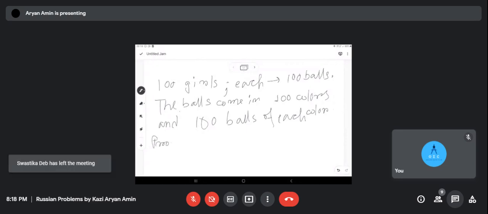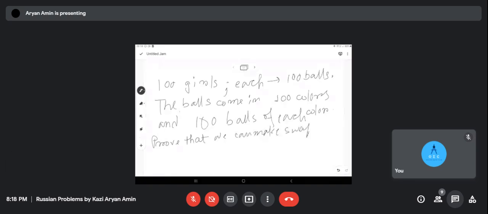Prove that we can make some swaps such that every girl has one ball of each color.